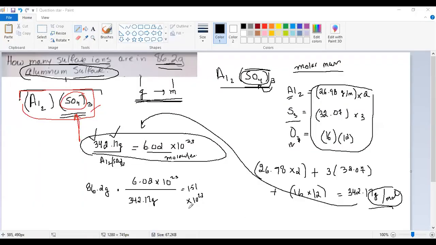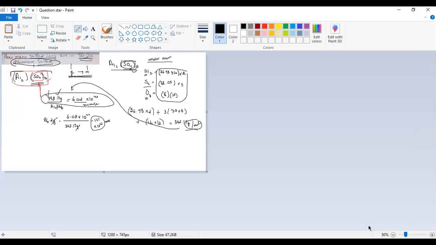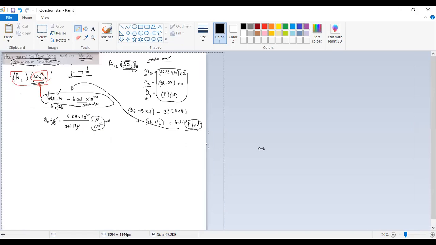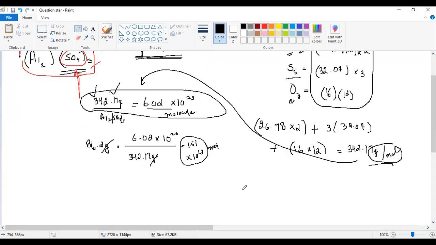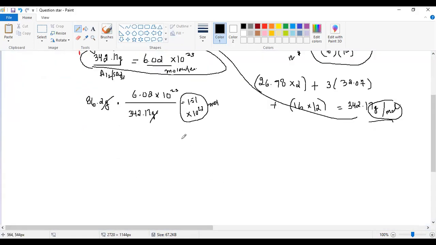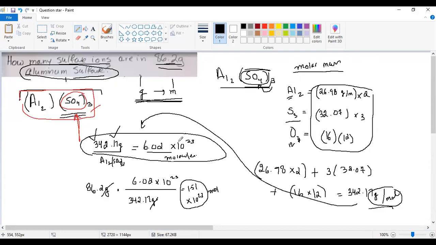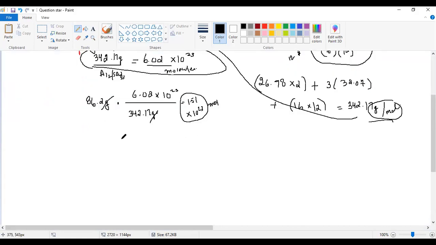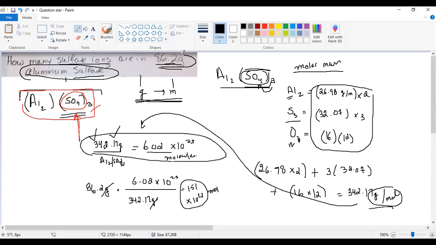The answer that you would essentially get is 1.51 times 10 to the power 23. And this would, of course, be in molecules, right? Because you have to take into account that your grams essentially canceled out. So you're not dealing with grams anymore. You're dealing with your molecular equivalent. And so you know now how many molecules are in 86.2 grams of aluminum sulfate.